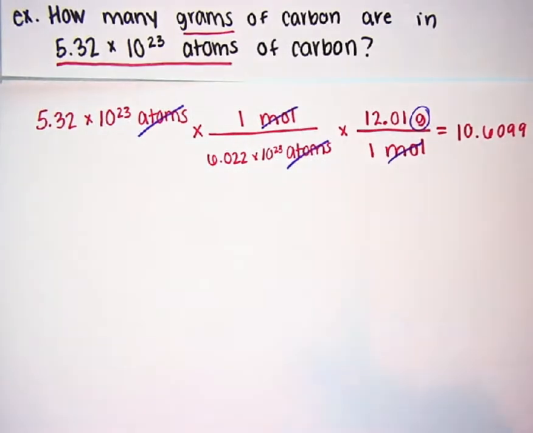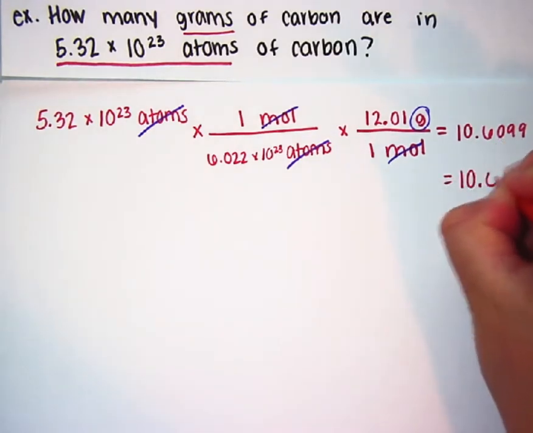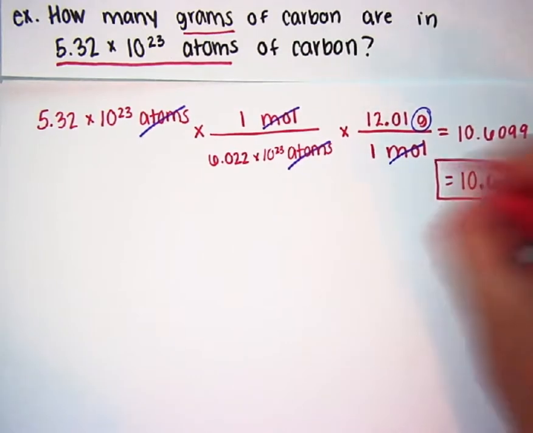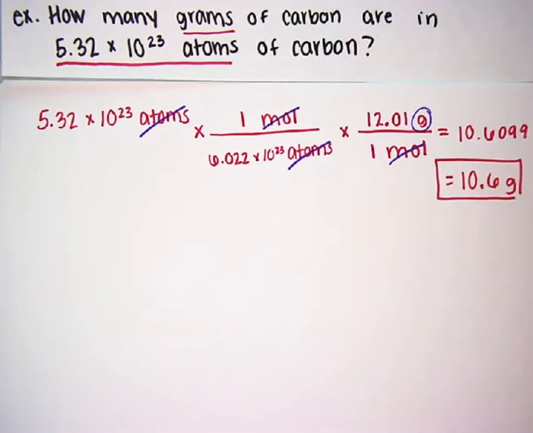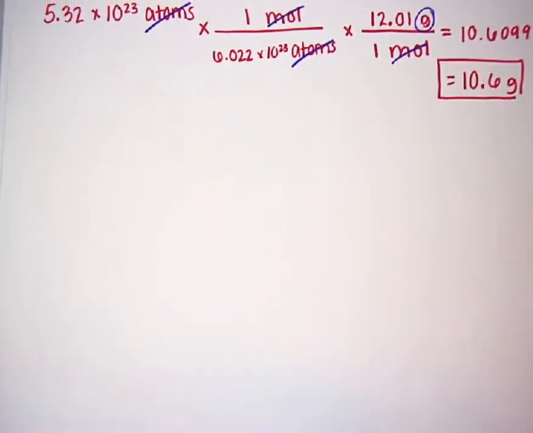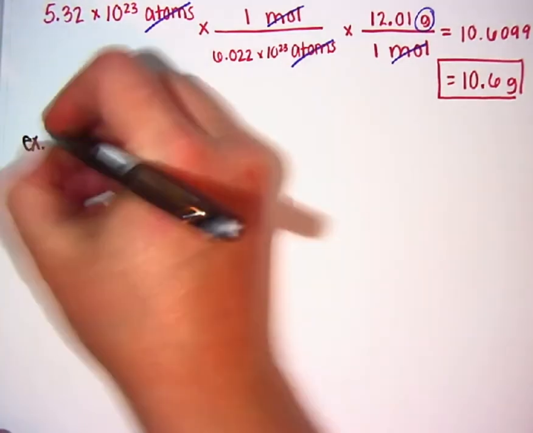Last step, we always want to round to significant figures and add units. The given has 3 significant figures, so my answer has 3 significant figures, and my units are grams. Final answer, 10.6 grams of carbon. We're going to do 2 more problems, and these problems sometimes are tricky for students. And I'll show you why.